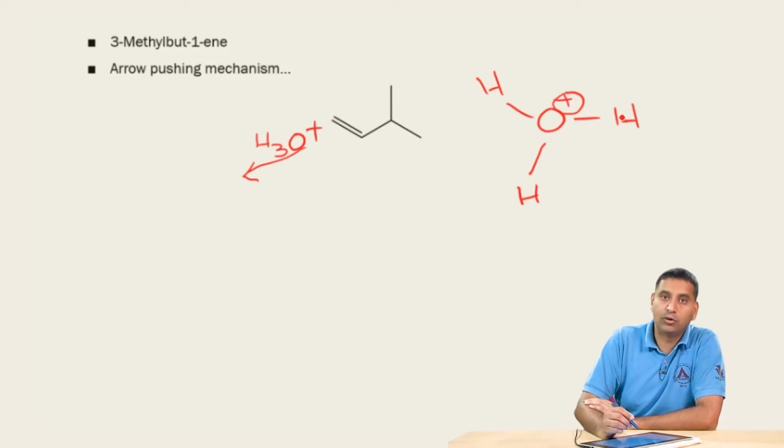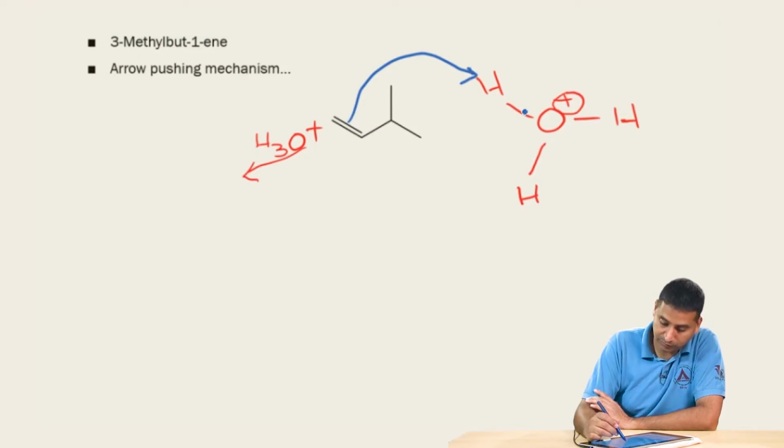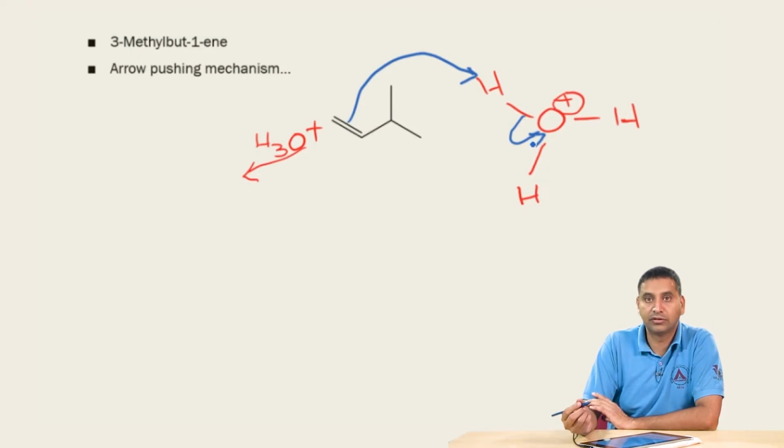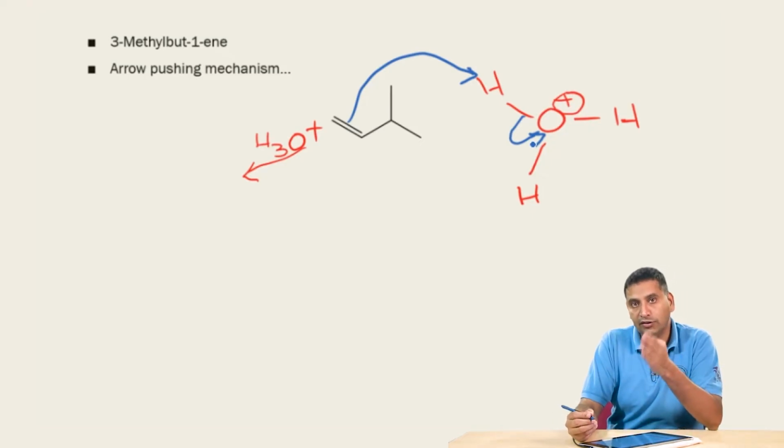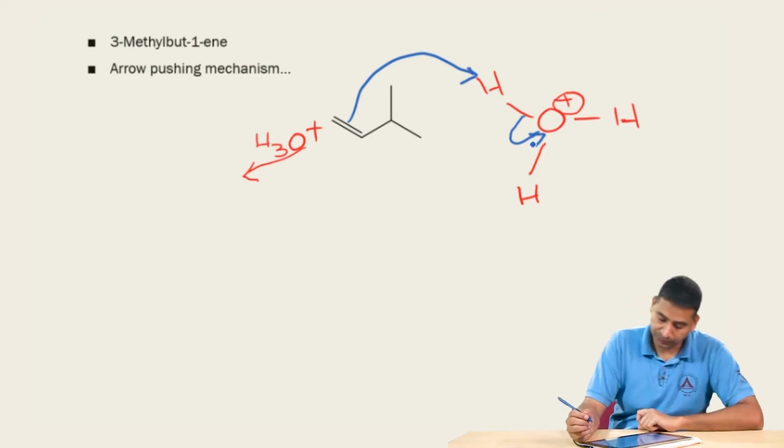So, when you add H3O+ to an olefin, the arrow pushing mechanism will be the following way. You take this double bond, attack this hydrogen over here for example, and then this bond breaks and goes to oxygen. In this process the bond between oxygen and hydrogen breaks and a proton is formally donated to an olefin.